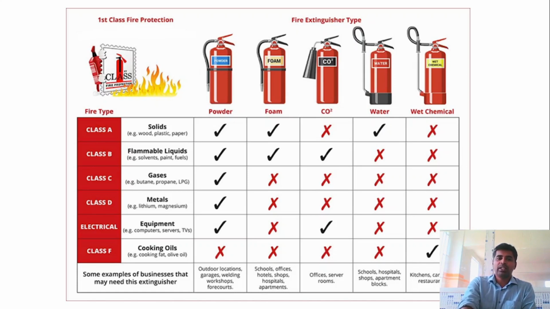And when it comes to metal, when you use water on a metal fire, class D fire, the water would get easily evaporated and the fire won't be controlled. So you cannot use it on a class D fire.